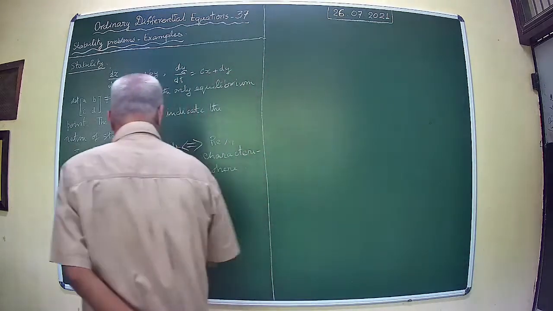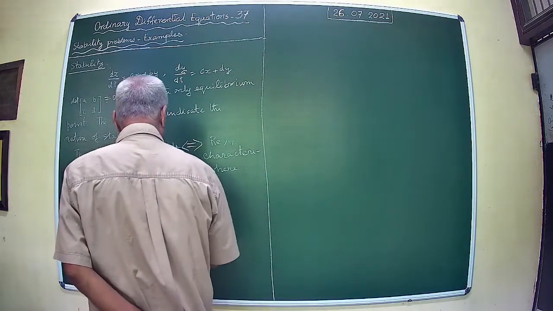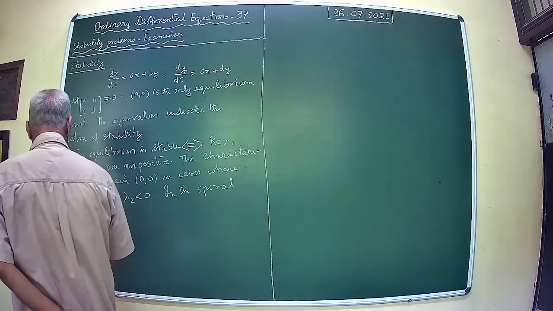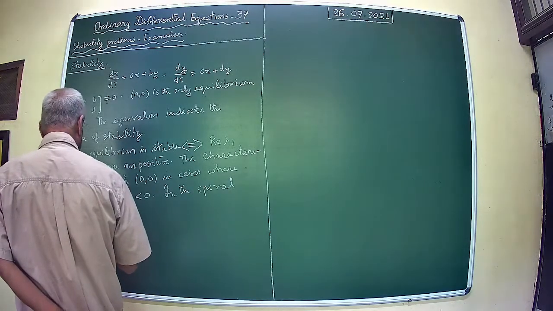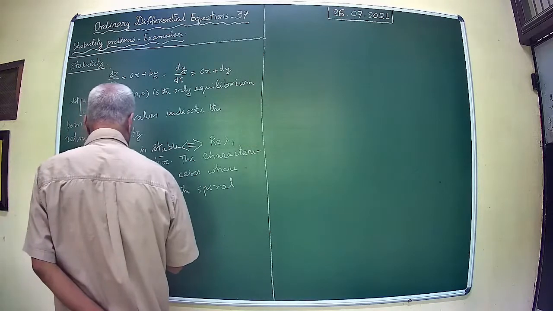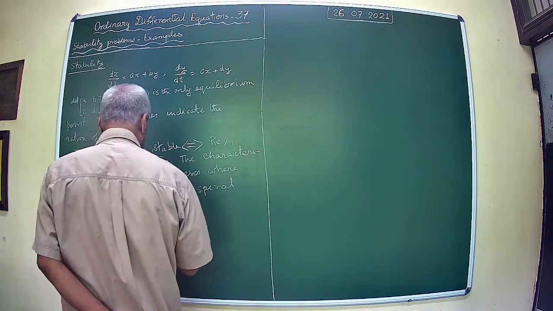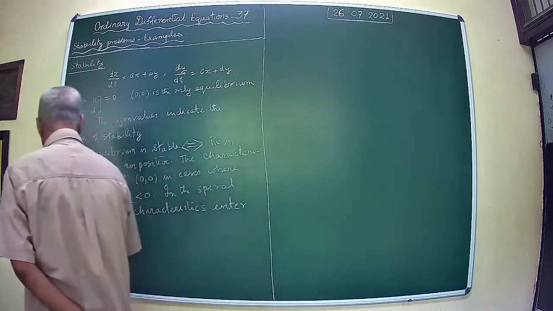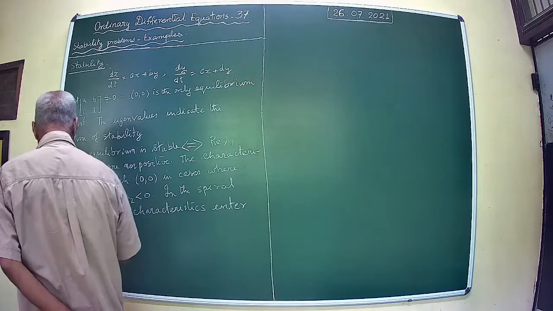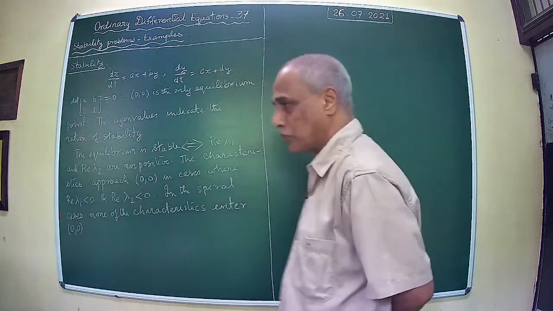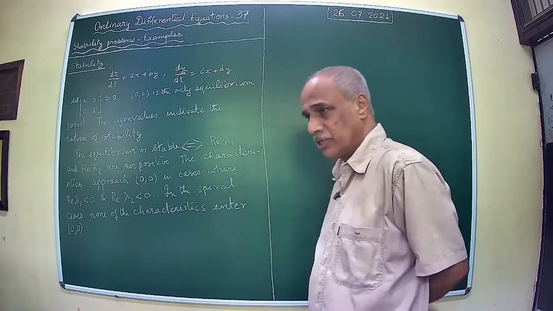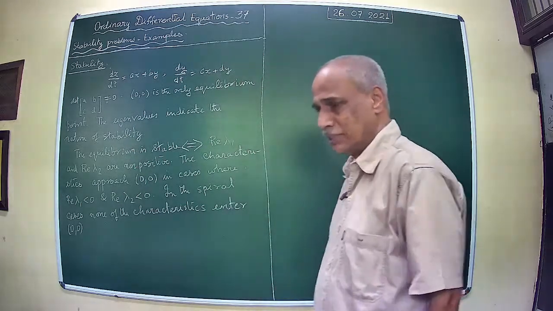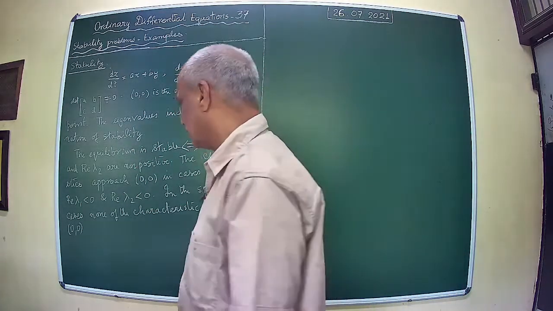Of course in the spiral cases, none of the characteristics enter 0. You just don't know in which direction they approach. They just go round and eventually collapse. That is the situation that you have. So there is no specific direction in which it enters.